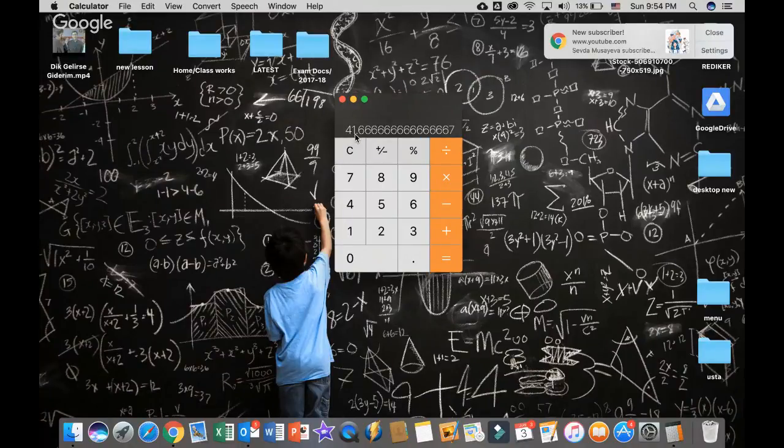Now 41.6 and probably 42%, approximately 42% it is now. Okay, what I did again, 5 divided by 12 and multiplied by 100. Clear? Okay.